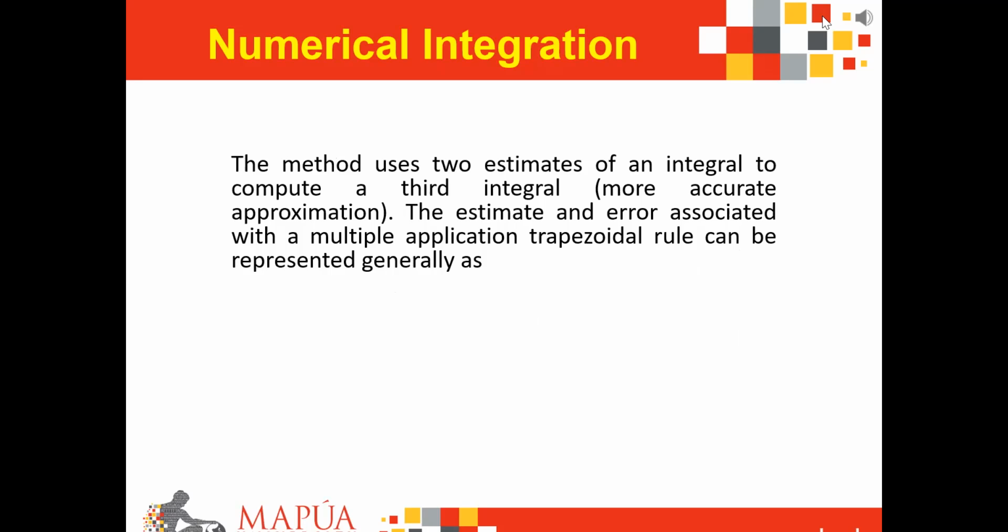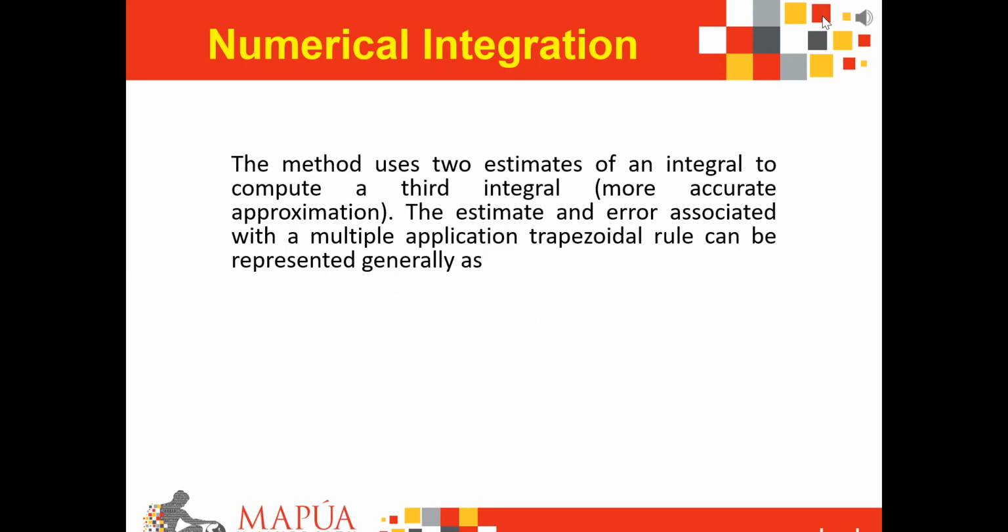The method uses two estimates of an integral value in order to compute a third integral value. One integral estimate is considered to be the more accurate approximation, while the other turns out to be the less accurate integral estimate. Upon using these integral estimates, we will come up with an even more accurate approximation.